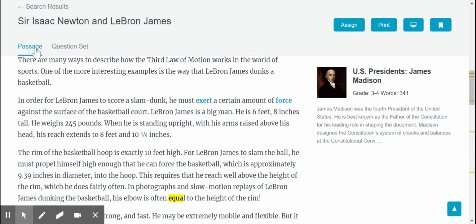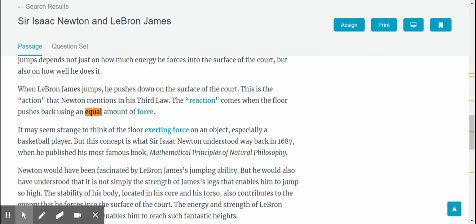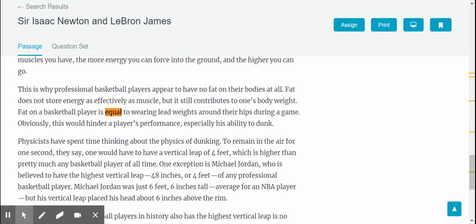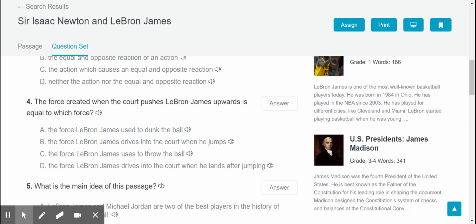Equal to? His elbow is often equal. Nope, that won't work.